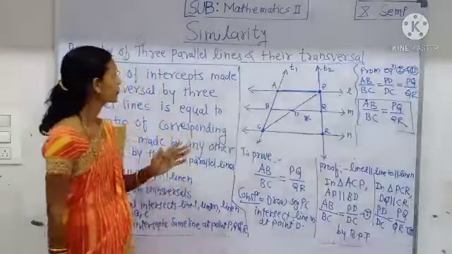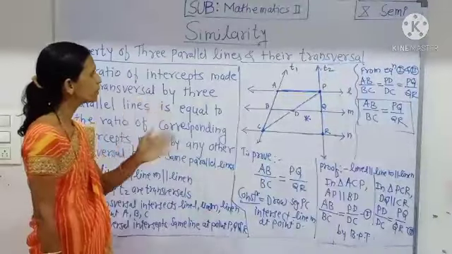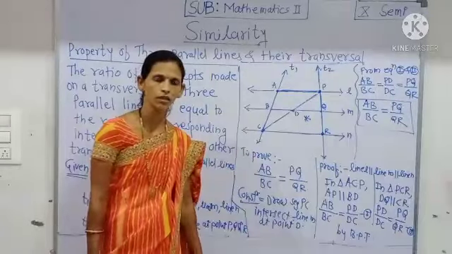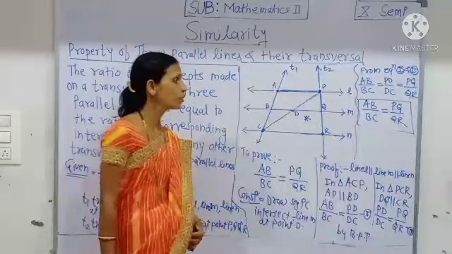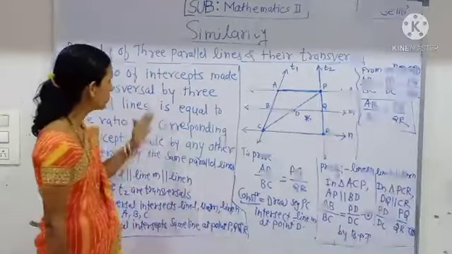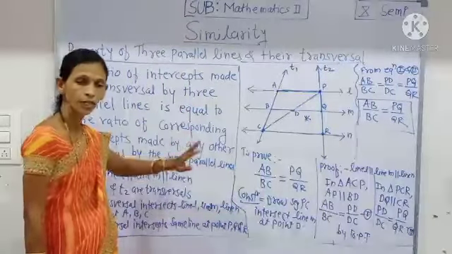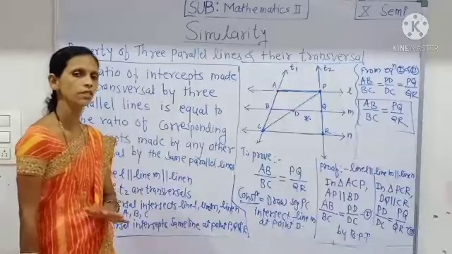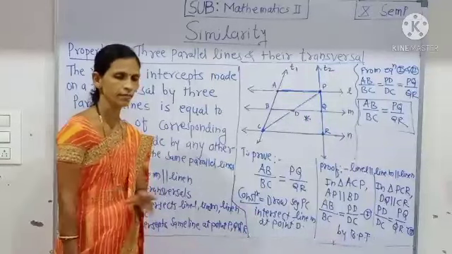That is the property of three parallel lines and their transversal. First, we have to remind this property, then we have to solve the examples based on it.